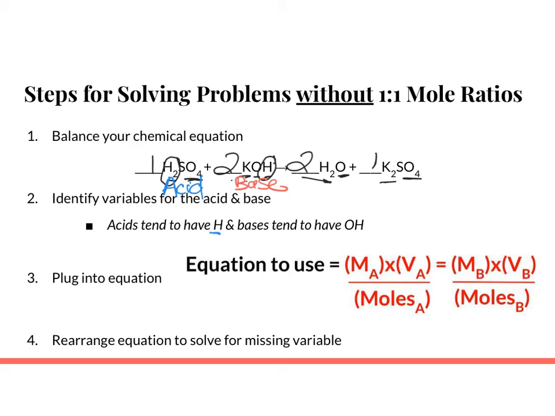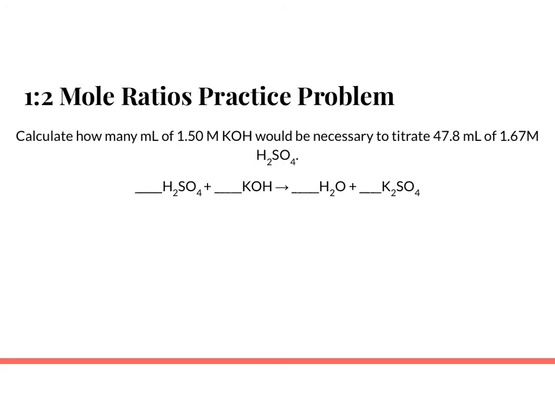Then you're going to go ahead and rearrange. So here's the practice problem we're going to be working with. Calculate how many milliliters of 1.5 molar KOH would be necessary to titrate 47.8 milliliters of 1.67 molar H2SO4. So step 1, we want to balance this. This is the exact same problem from the previous slide, so we know that this is 1, 2, 1, 2.